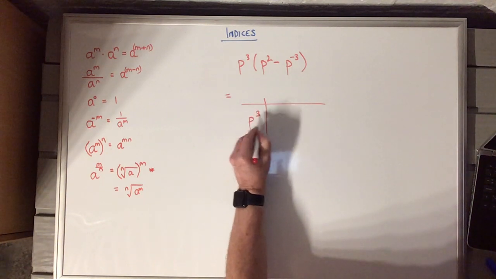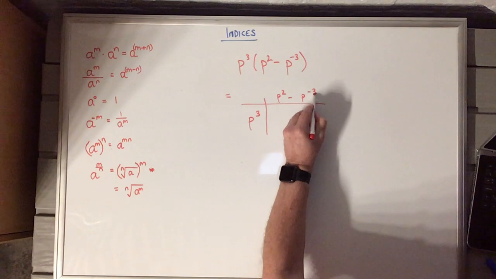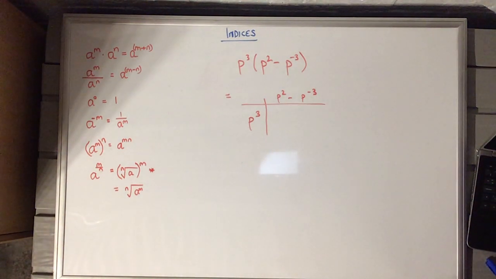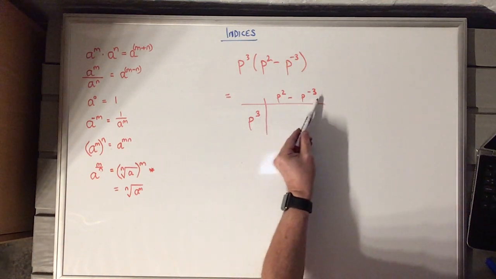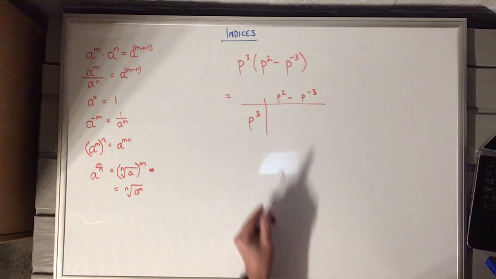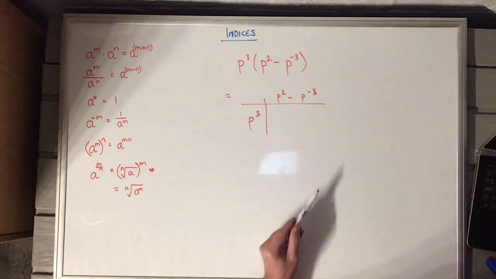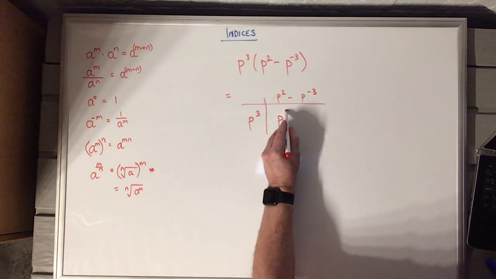P to the power 3, p to the power 2 minus p to the minus 3. Now what I would say there is this question is a wee bit easier because our powers are all integers with no fractions, so this is a wee bit easier. So multiplying p to the power 3 times p to the power 2, we add the powers, so that's 5.